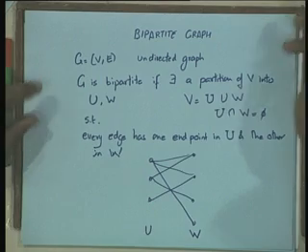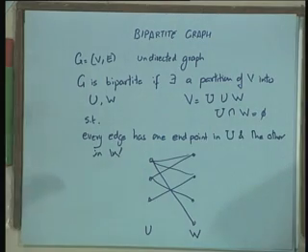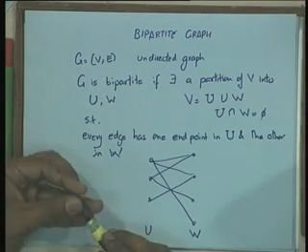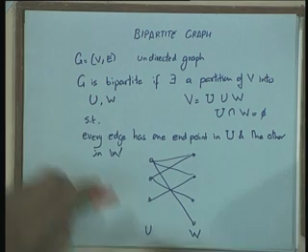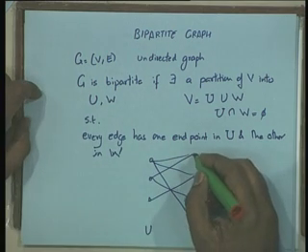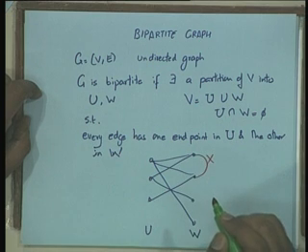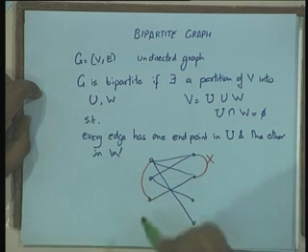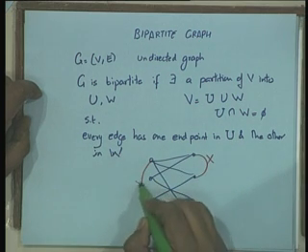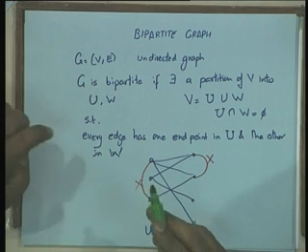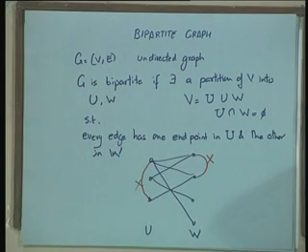Every edge has one end in the set U and the other end in the set W. That means that there is no edge like this or like this; these edges are not there. There are no edges both of whose endpoints are in U or both of whose endpoints are in W.